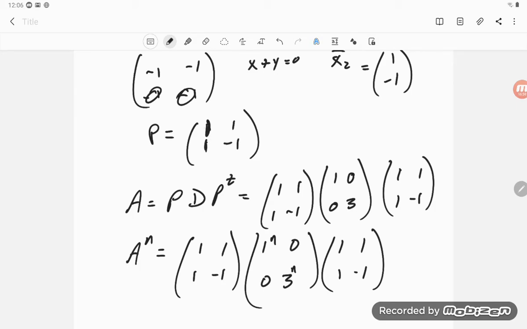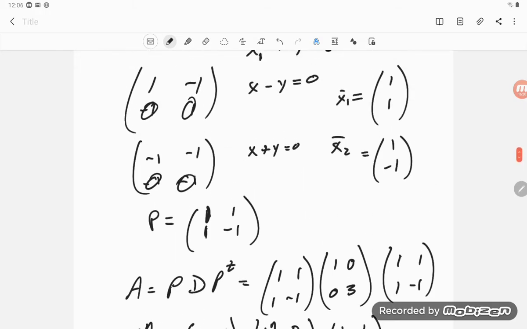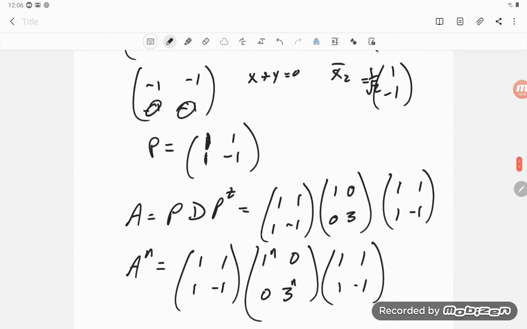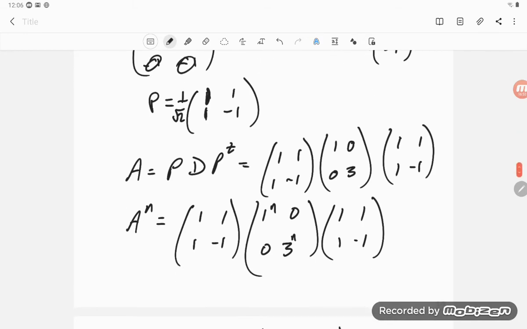I needed to normalize these things to unit vectors. And since both of these have a length of square root of 2, I needed to make those 1 over the square root of 2. My mistake, and I'm sorry I went so far without noticing it.